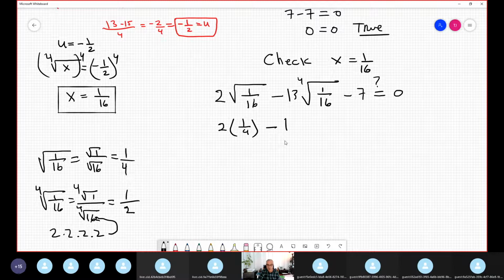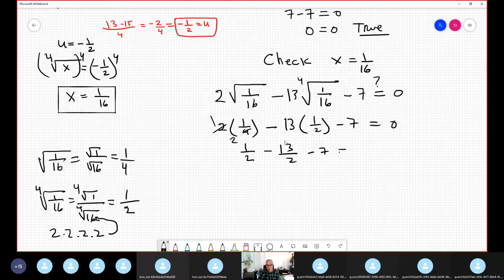So 13 multiplied by 1/2, minus 7, should be 0. This is 13 over 2, minus 7 should be 0. Well, the least common denominator is 2.